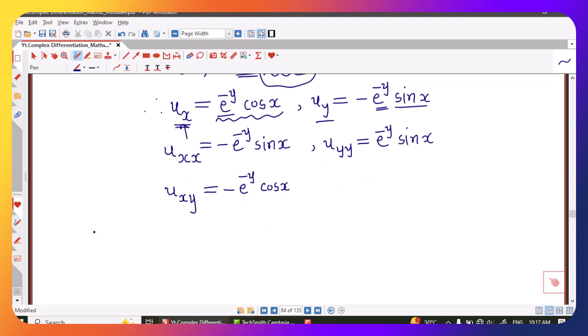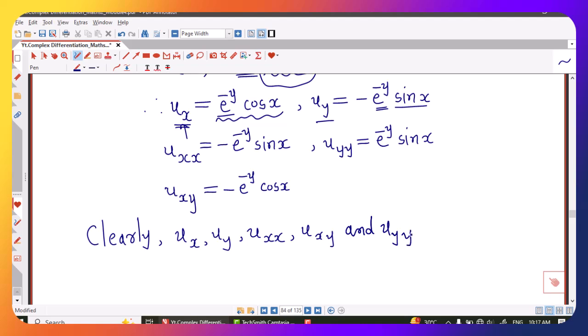So we will directly write the first condition, that clearly the first and second order partial derivatives of u are continuous in the complex plane.